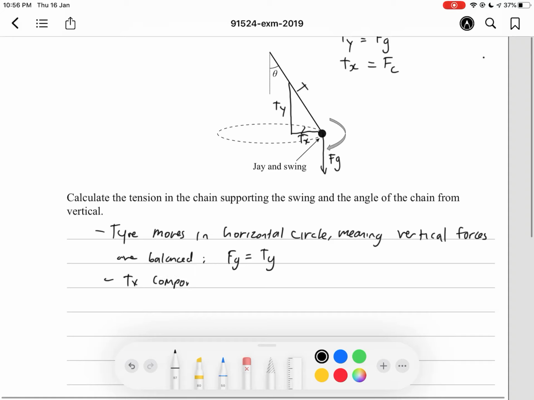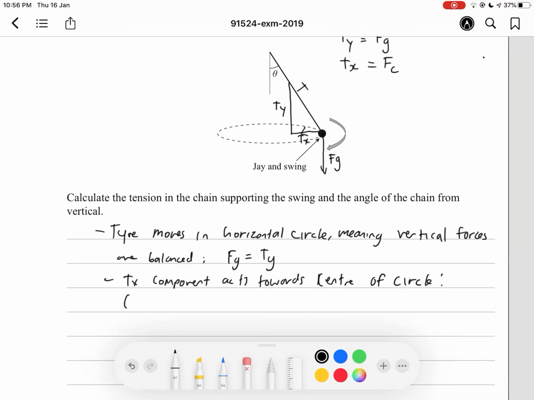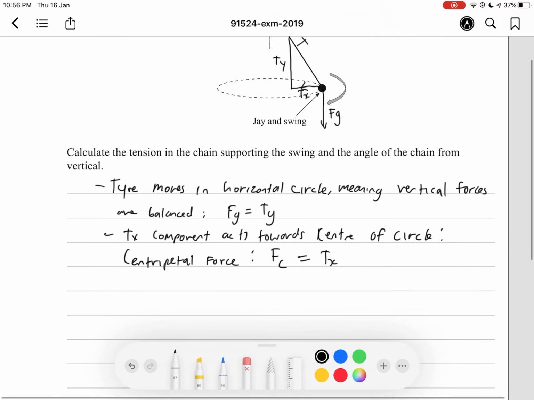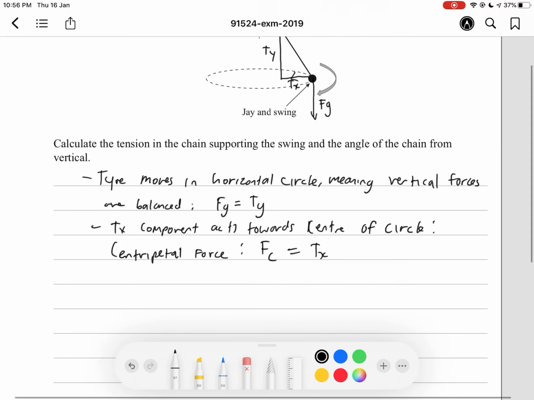The Tx component is directed towards the center of the circle, so it is the centripetal force. Hence, the centripetal force is equal to the Tx component. So now we can figure out our Ty and our Tx.